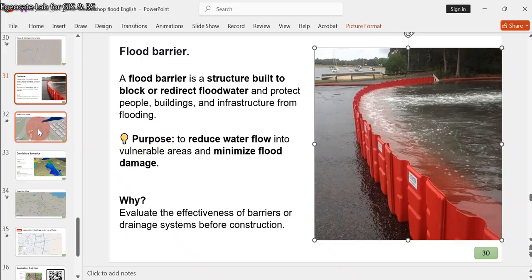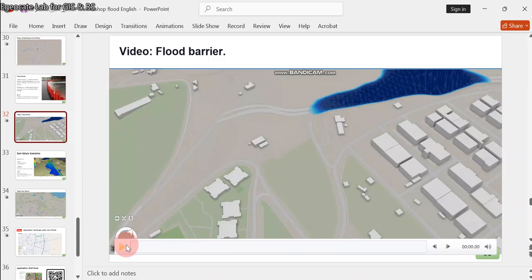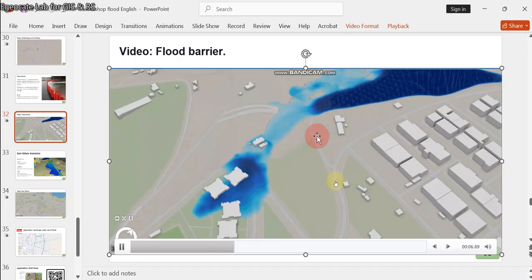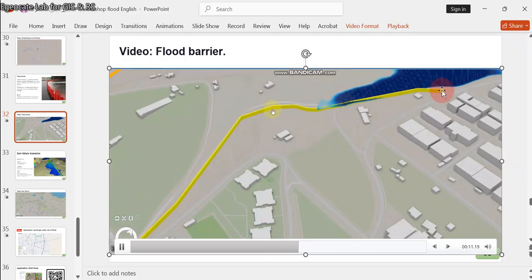So in ArcGIS Pro flood simulation, we can actually simulate this. For example, this is the area where the flood will come to these buildings. So we want to simulate if we put a barrier here, what will be the situation? The yellow one is the barrier, for example.